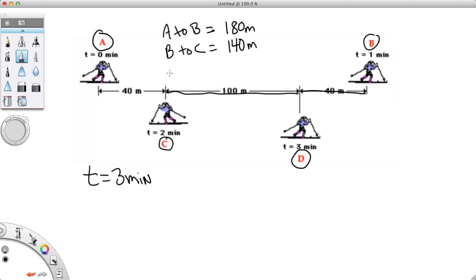Now the cross-country skier is going to go from position C to position D. C to D is only 100 meters.